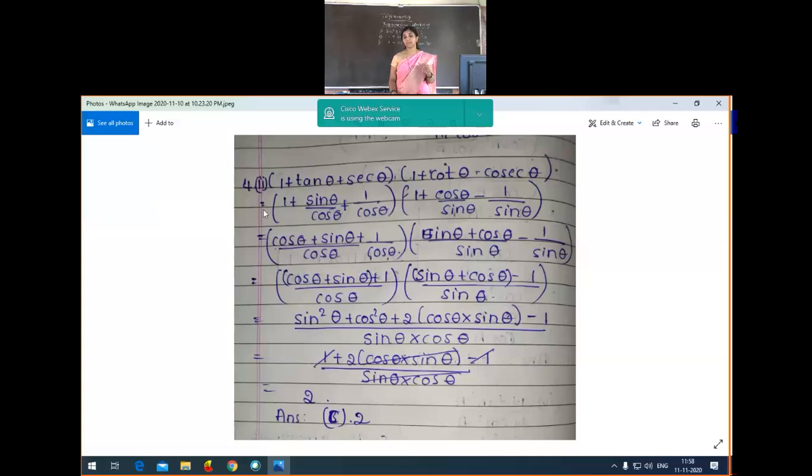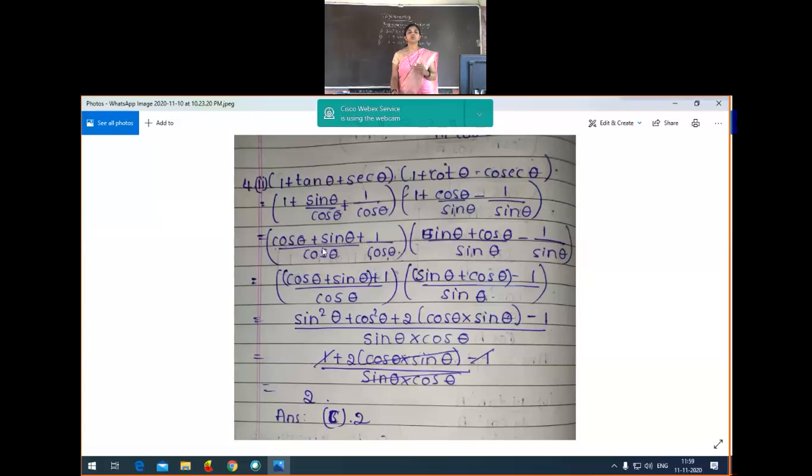Okay, so how to write this first? We have to apply some relationships here. 1 plus tan theta, of course, is sine by cos, plus sec theta is 1 by cos theta, into 1 plus cot theta, which we can write as cos theta by sine theta, minus cosec theta, which we can write as 1 by sine theta. Next step.